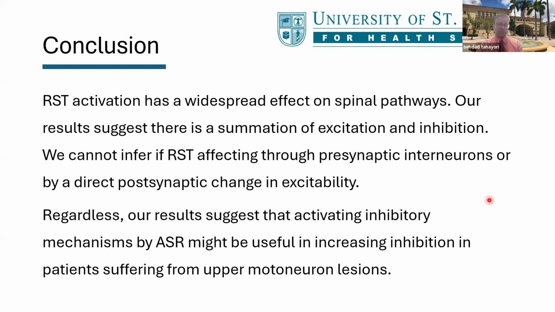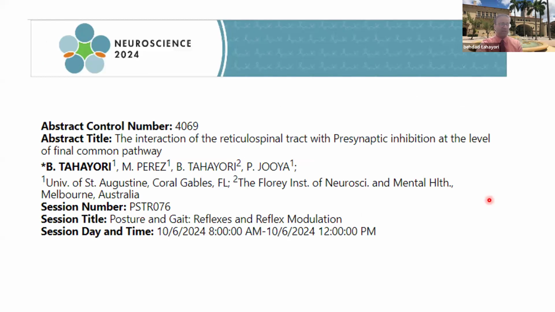So our next set of experiments on patients would be very interesting and important. We have presented our partial data again. At that time, we didn't have all 12 subjects, we had fewer, but we presented at the Society for Neuroscience conference.